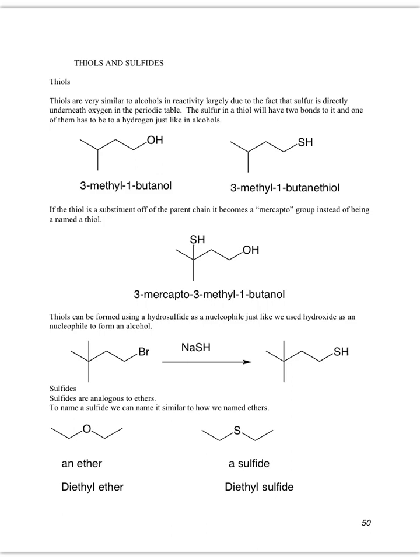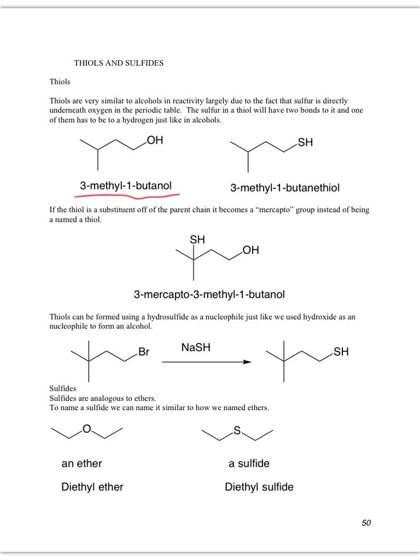So thiols and sulfides, we know sulfur is just below oxygen in the periodic table, so oxygen and sulfur, from a simple organic chemist's point of view, they're going to do everything basically the same. There's a little bit of difference, but the types of reactions they do are going to be basically the same.